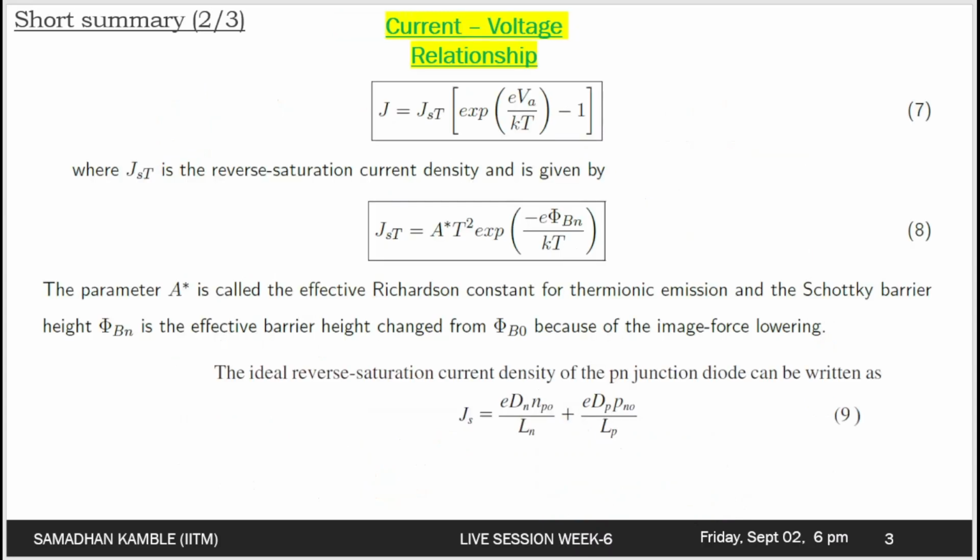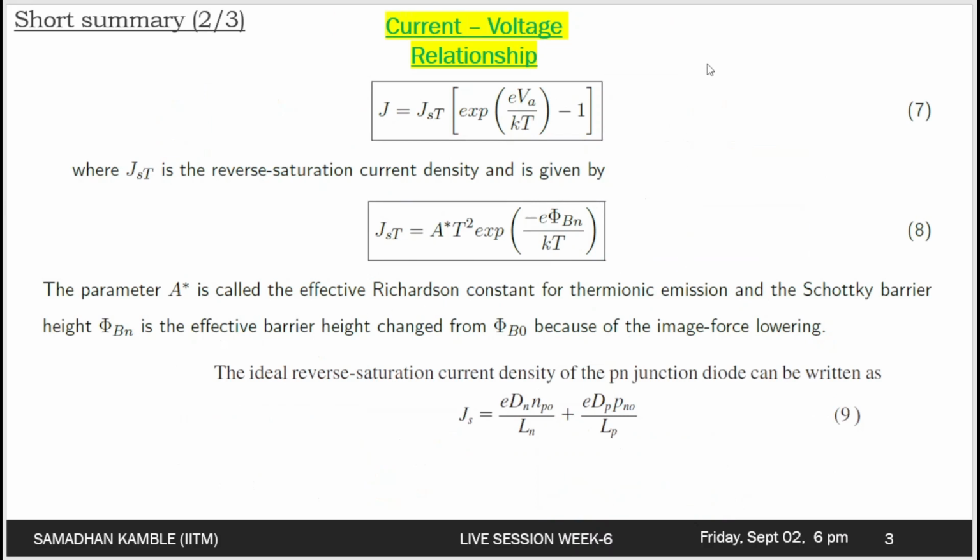So let us go to slide number 2, that is short summary number 2. We saw that the current transport in the metal semiconductor junction is mainly due to the majority carriers, as opposed to the minority carriers in a PN junction.